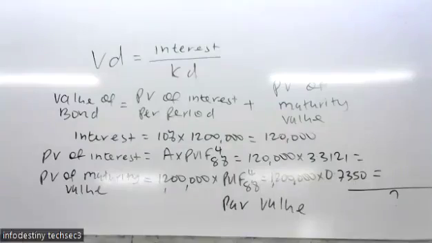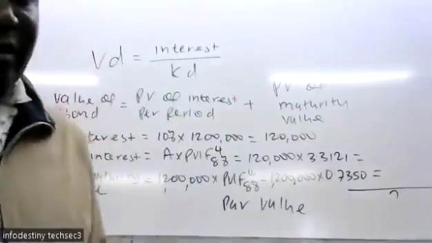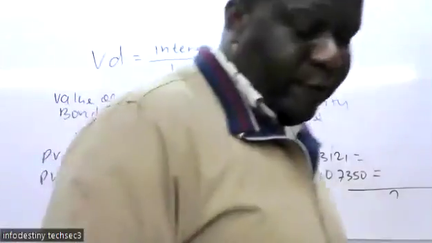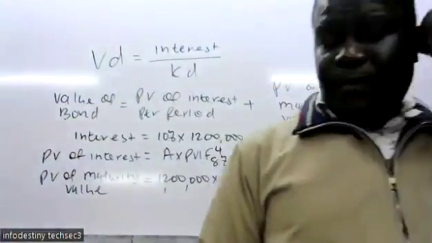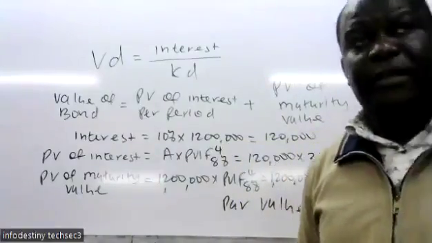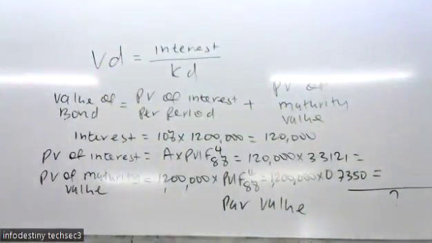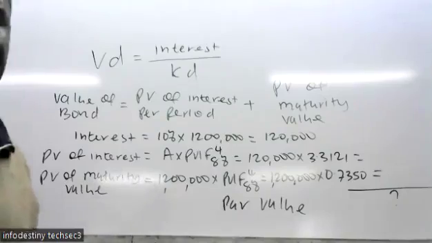So we should first understand what we mean by market value of the bond, and also what we mean by the floor value of the bond. So let us start with Roman letter 1, market value of the bond.